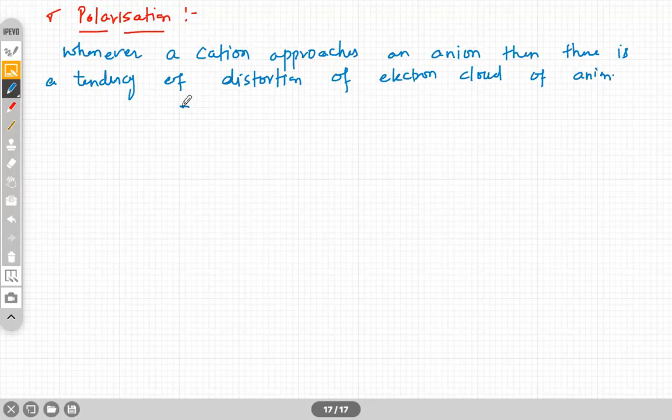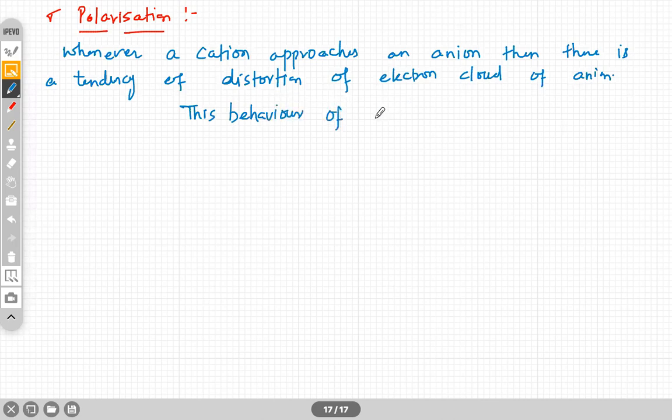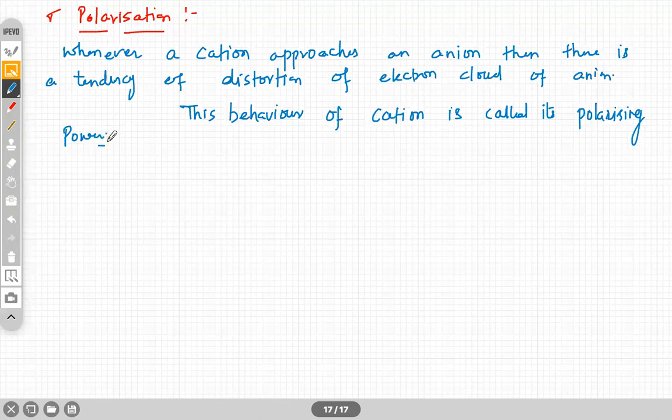This behavior of cation is called its polarizing power. So the term polarizing power we define for cation. That's one thing.